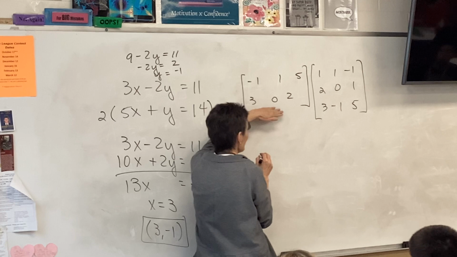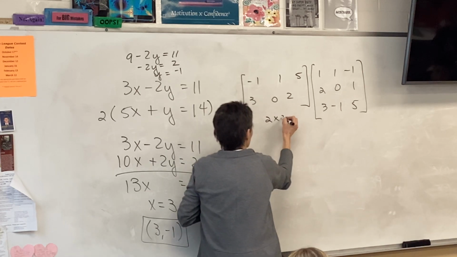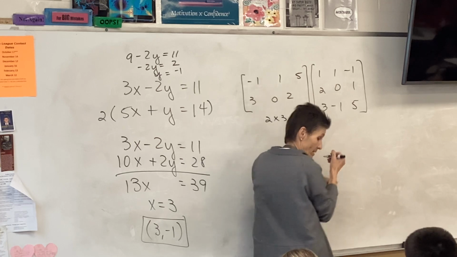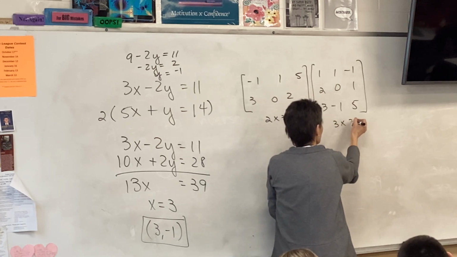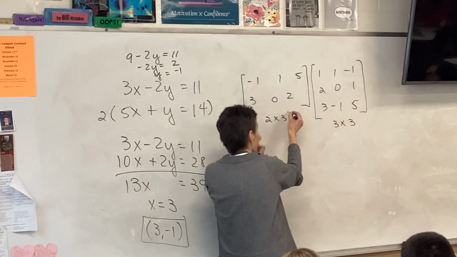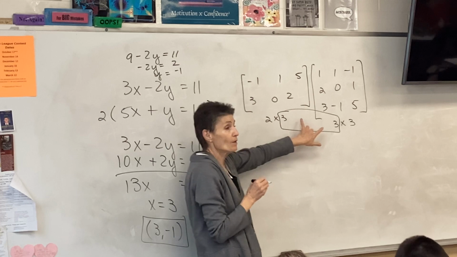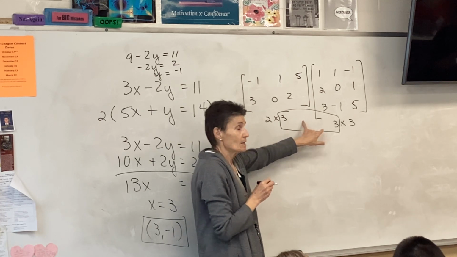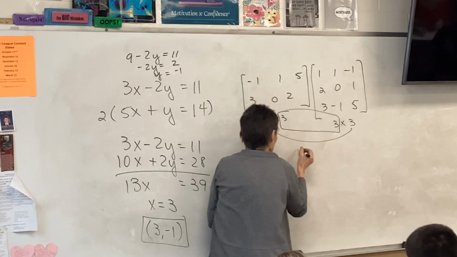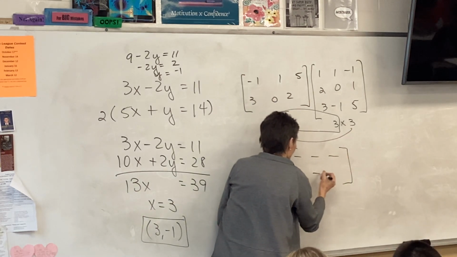Well, what are the dimensions of A? 2 by 3. What are the dimensions of B? This is 3 by 3. I am multiplying. So the rule for multiply is those match. And they do. So my answer will be another 2 by 3.